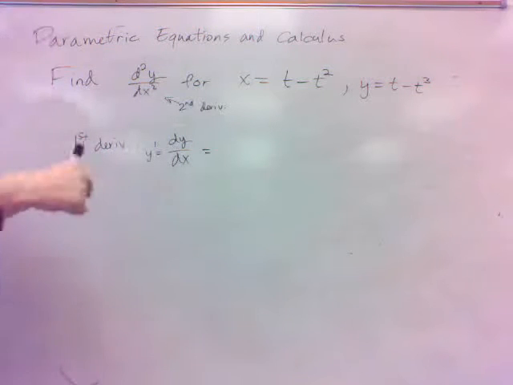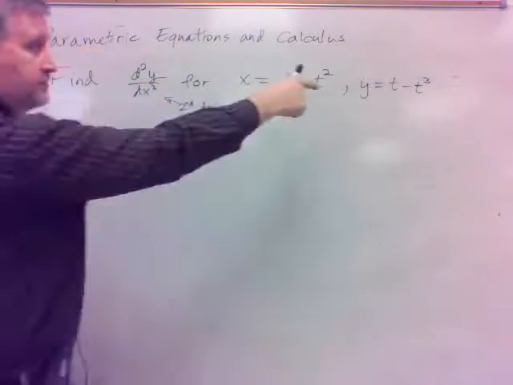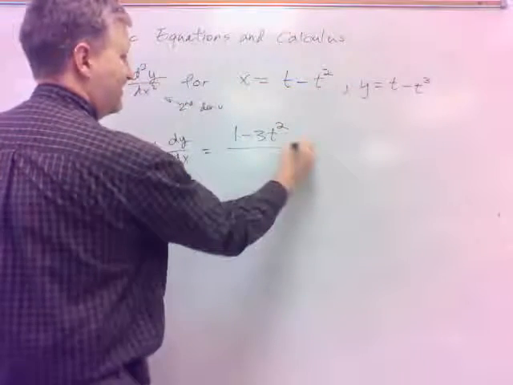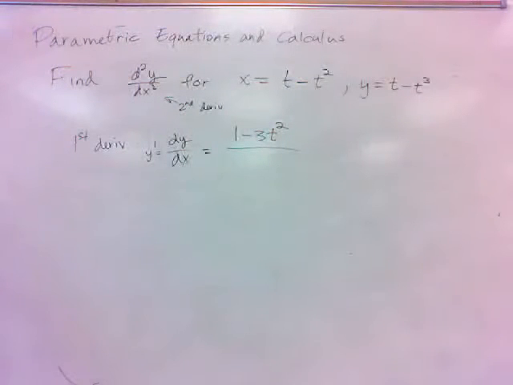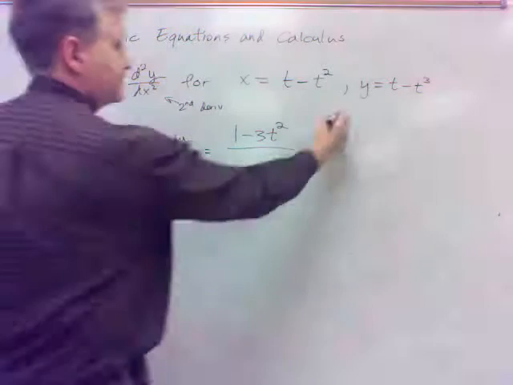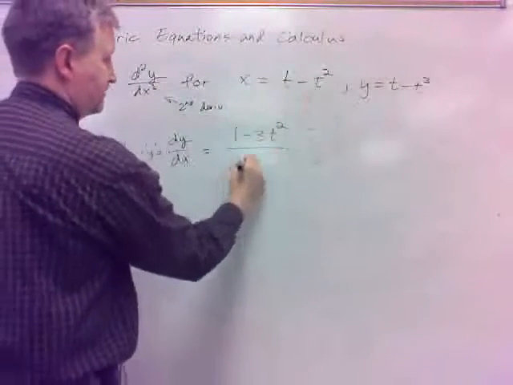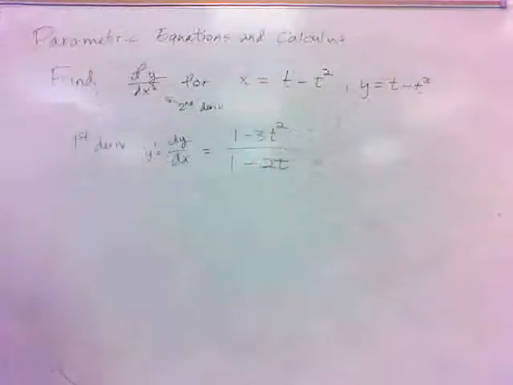Well, parametric, you just do the derivative of the y equation, 1 minus 3t squared. Almost messed up again. And then over the derivative of the x equation, which would be 1 minus 2t. That's easy enough.